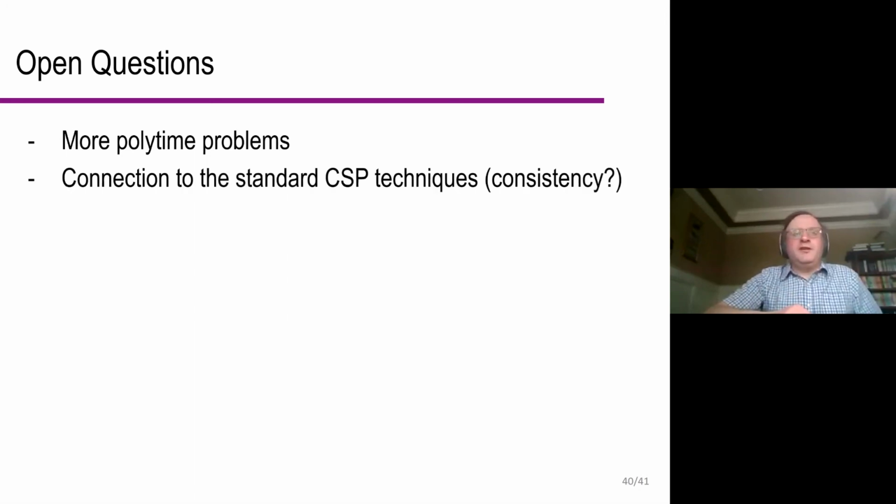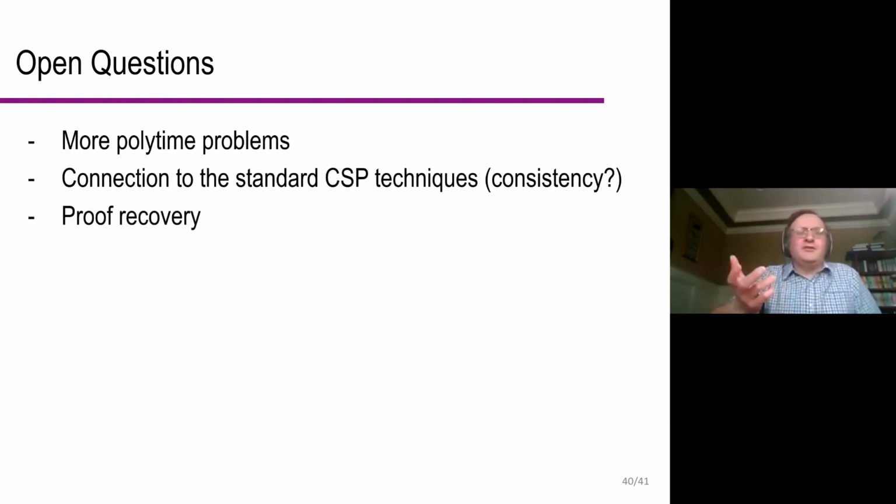It will be very interesting. We have so many techniques for the vanilla CSP, like, for instance, local consistency techniques and so on and so forth. To what extent are they important here? How can we use them and so on. So in some cases, we see some connections, but not always.